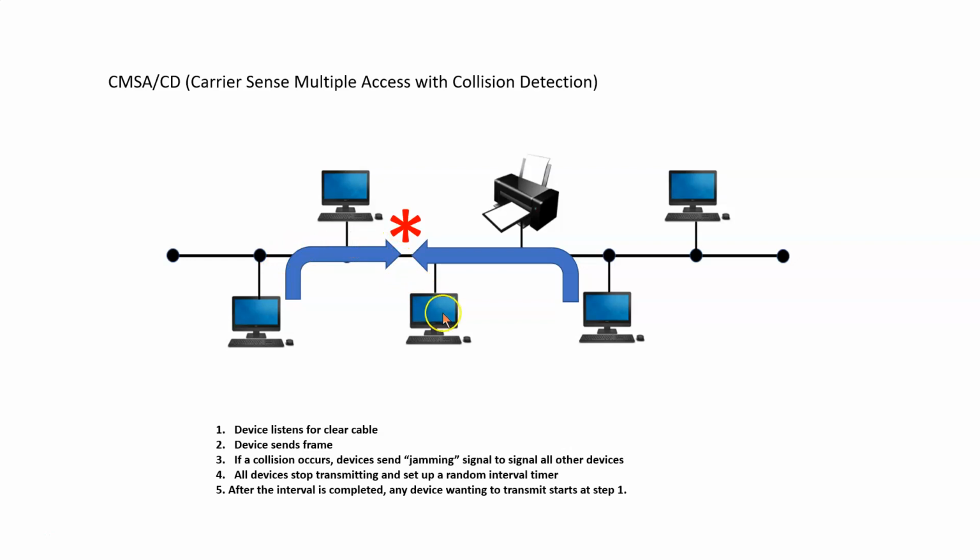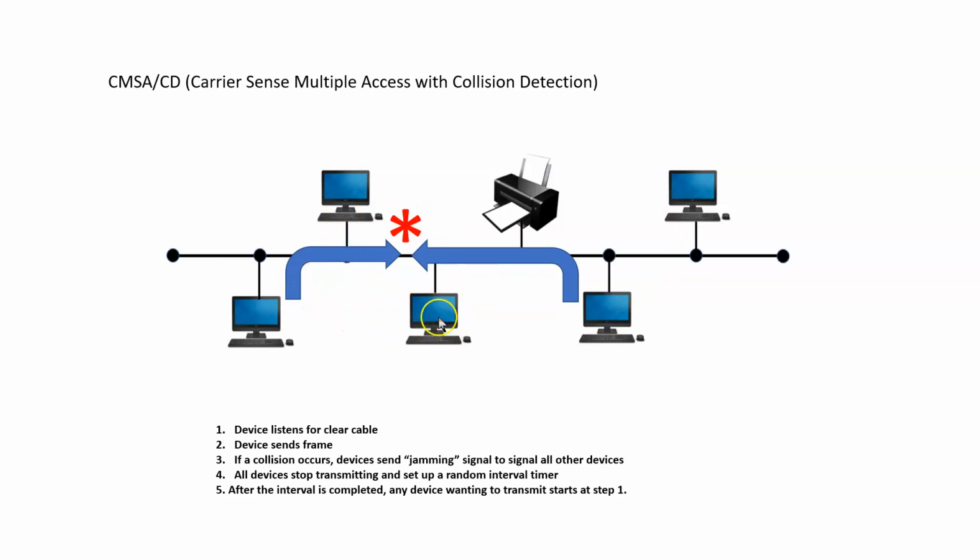Once a jamming signal goes out and all of the computers hear that jamming signal, they will stop it dead in their tracks, stop sending anything, and back up and set a random interval timer. Once the interval has completed for each individual computer, it's going to be different for each computer because it was randomly set for each one.